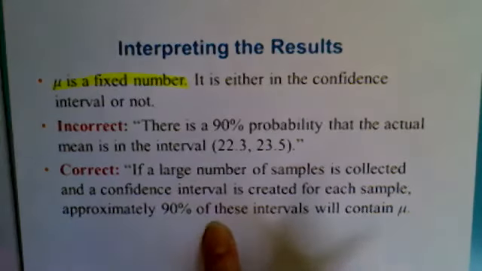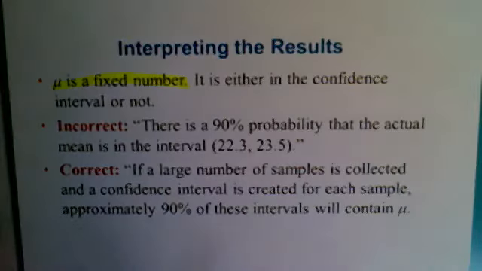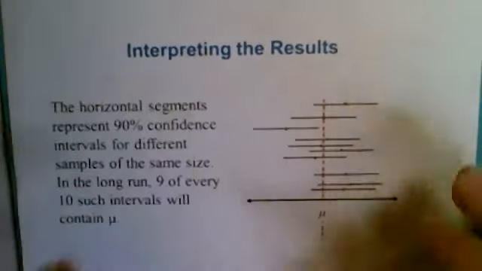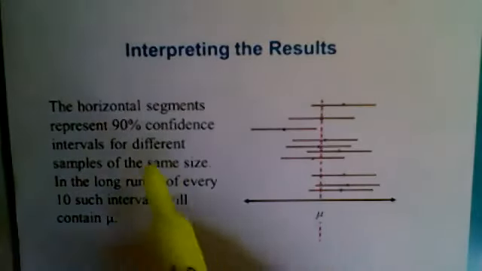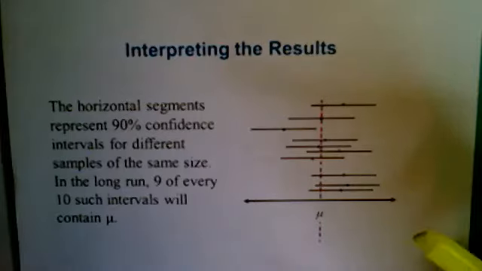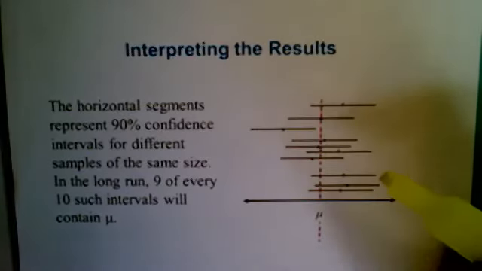The reason why this works, and I'm going to show you another picture that I think will help clear this up. I feel like this is a really good representation. What these horizontal segments are is 90% confidence intervals for different samples.